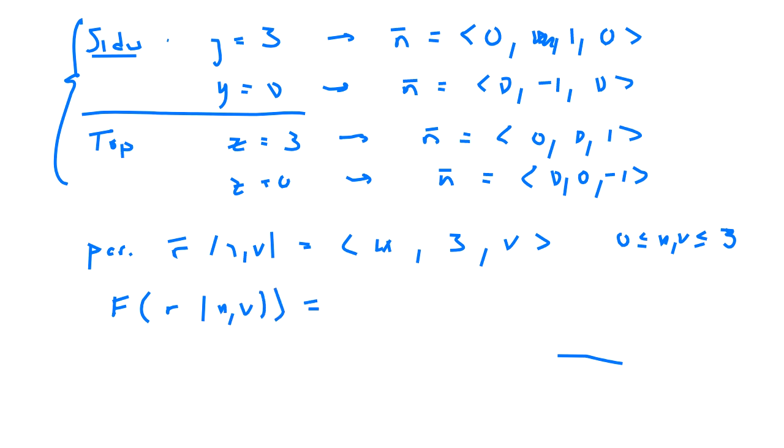So go back to the velocity field that we've been using. If I put this parameterization in, what do I get? I know that the only one that really matters is that middle one. So what is my middle piece?